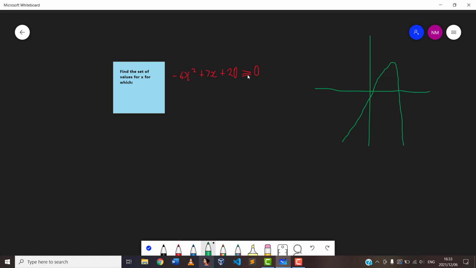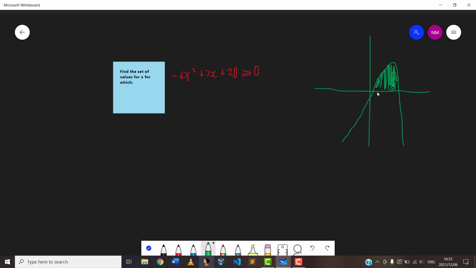And now we want the values of x that give a value of greater than or equal to 0. So that means basically the values of x in this area here that give a y value of greater than or equal to 0. That's what we want.